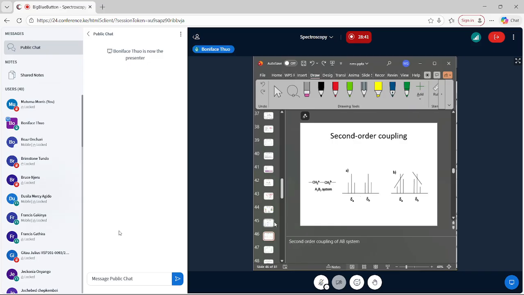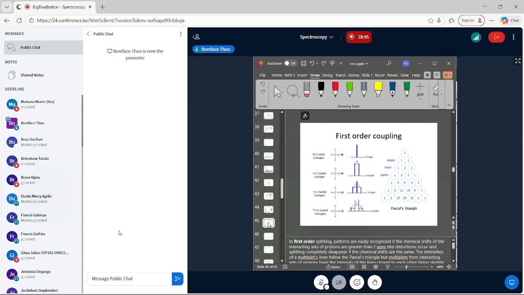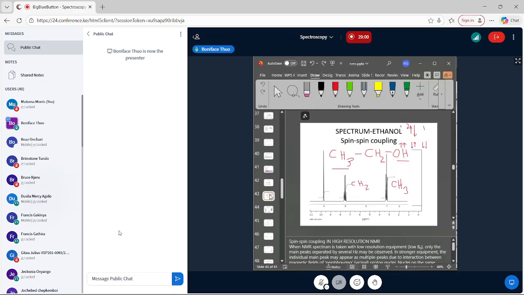So the first scenario we discussed is this first order coupling, where the chemical shifts are quite different and the peak intensities appear equal.